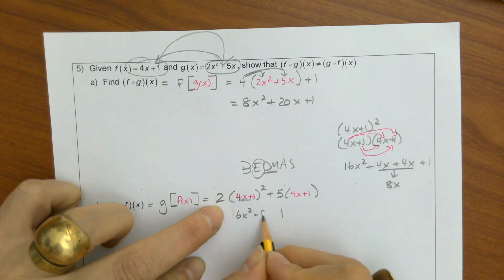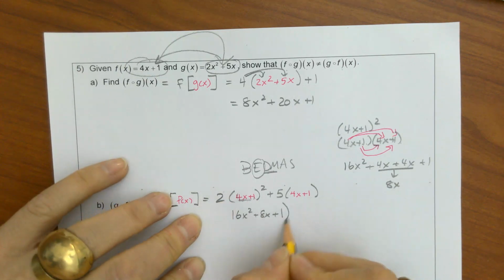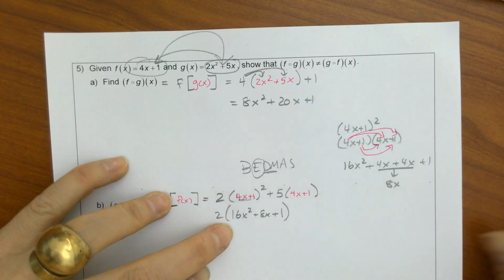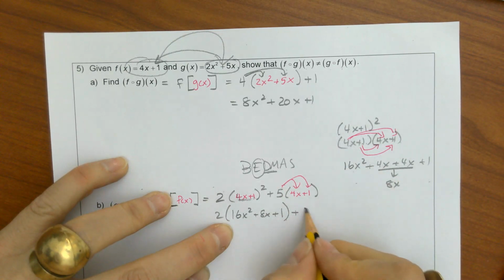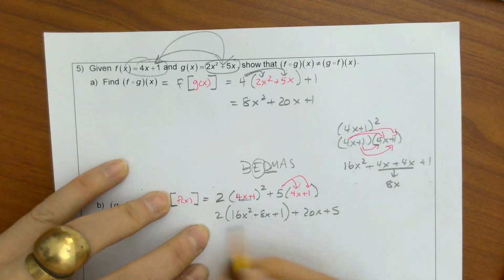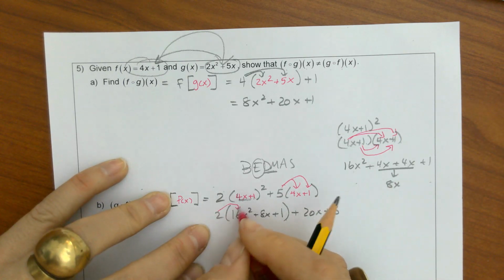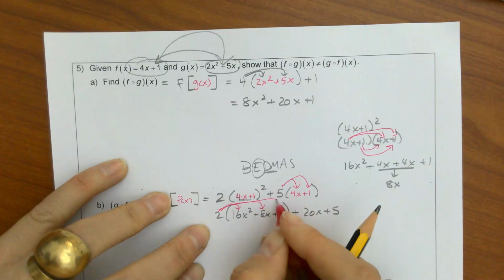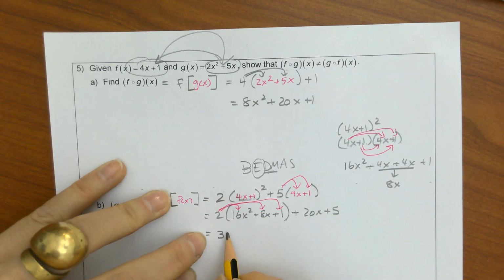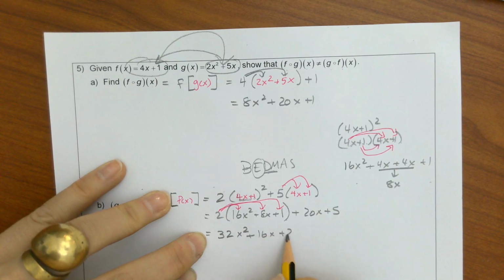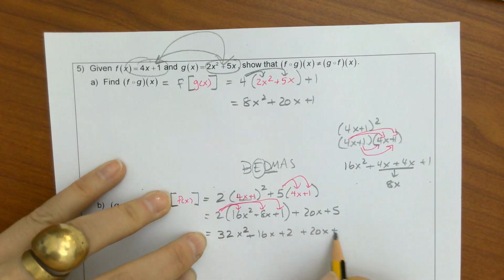So that's 8x. So we still have the 2 in front, and we're going to distribute the 5. So that becomes 20x plus 5. Now we have to distribute the 2. So that's equal to 32x squared plus 16x plus 2 plus 20x plus 5.